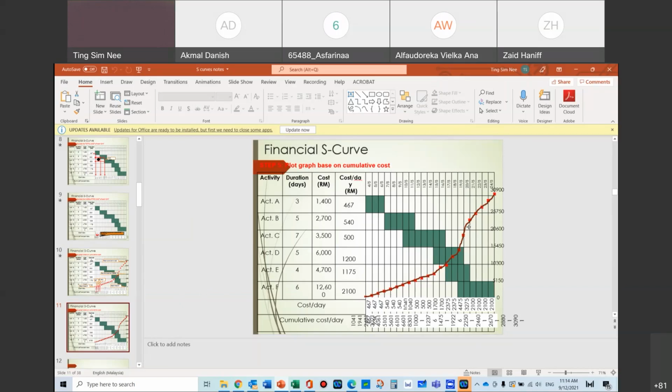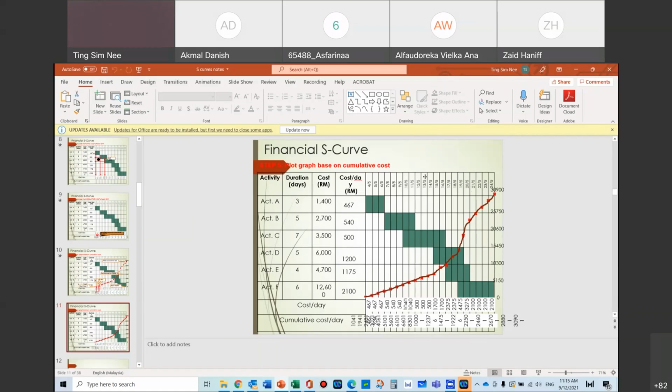I think you really have to have an S. No, they really think that the S curve must be an S. In some projects, the S curve is not really S. Some can be very flat, almost like a line. But it's just a name. If your name Alan means brave, it does not mean that you're really brave, right? Or if your name means beautiful, it does not mean that you're beautiful, right? It's the same thing.